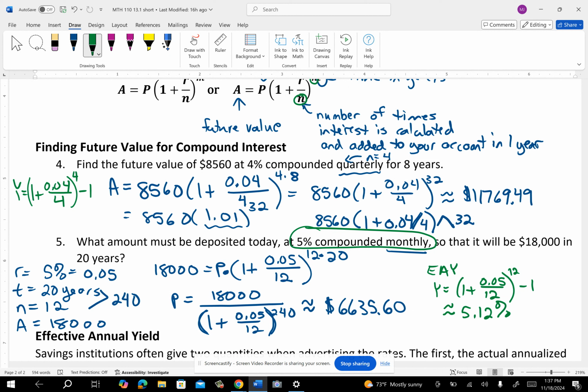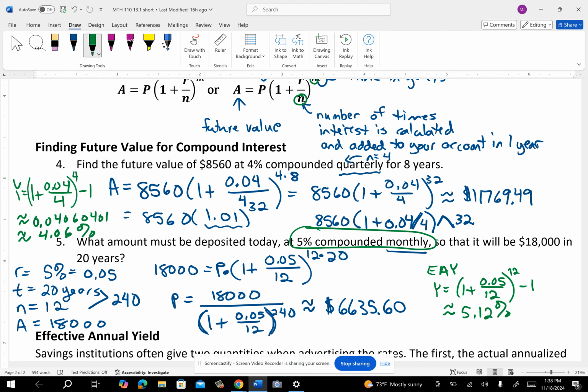Nope, that's not what I should have typed in. 1 plus 0.04 divided by 4, close the parenthesis, raised to the 4th minus 1 gives me 0.04060401. So that's about 4.06%.